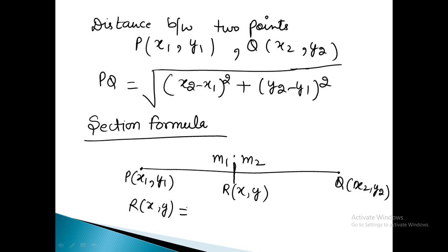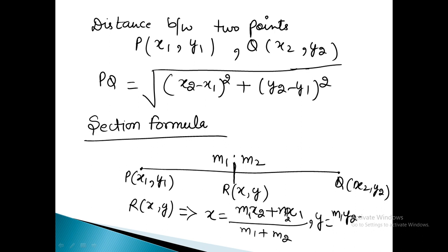If we want to calculate the x value, we will use x = (M1 x2 plus M2 x1) over (M1 plus M2). And y is equal to (M1 y2 plus M2 y1) over (M1 plus M2).